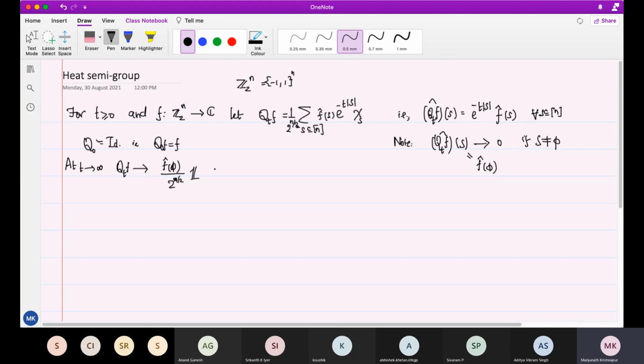Okay. So what is f hat of phi? This is a constant times 1, where the constant is, in fact, f hat of phi: you take the Fourier coefficient at the empty set, which is f inner product the constant 1 divided by 2 to the n by 2. So this is 1 by 2 to the n, f inner product 1, which is the sum of f of x.